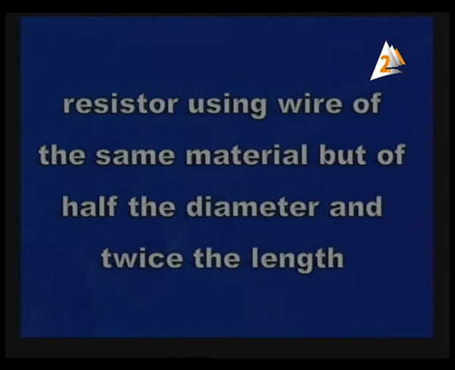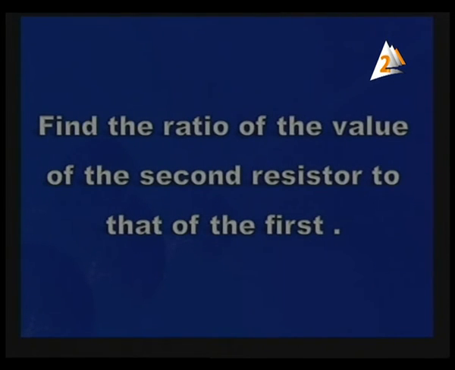So the second wire has half the diameter of the first, and its length is twice that of the first. Find the ratio of the value of the second resistor to that of the first.